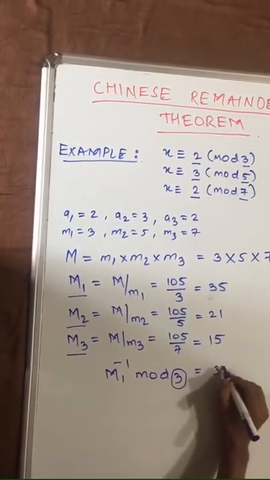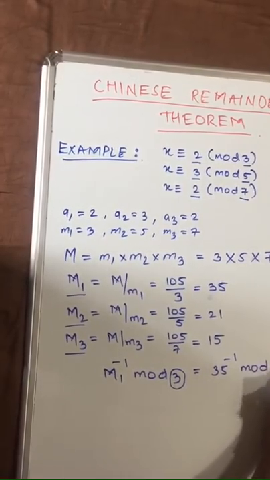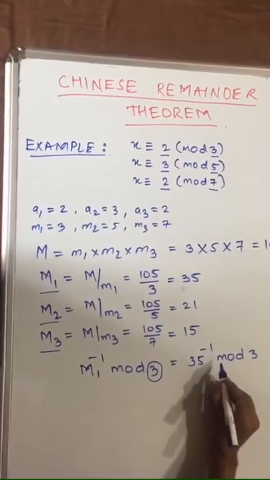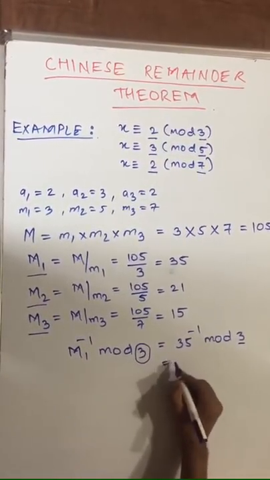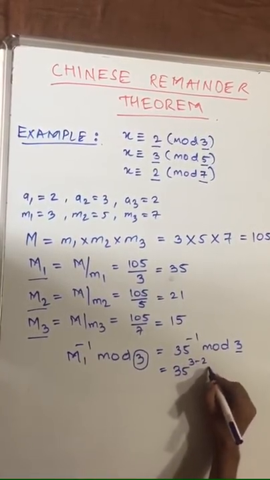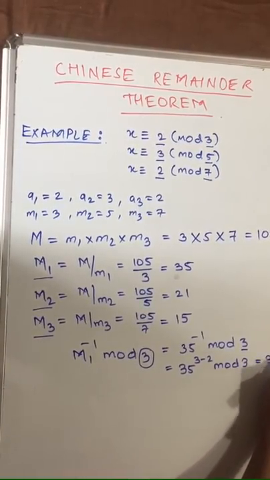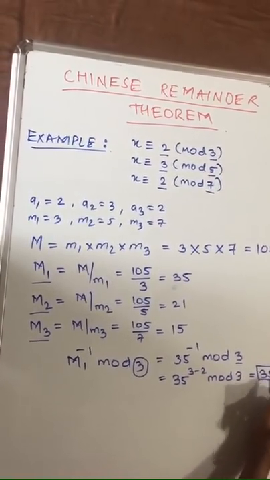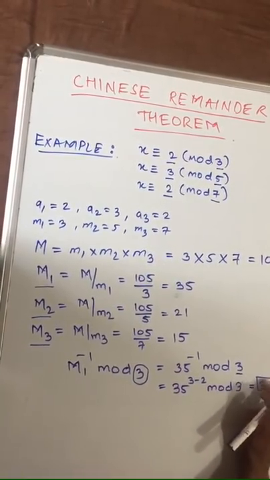So 35 inverse mod 3. In the Fermat theorem, as this is a prime number, it will be 35 to the power 3 minus 2 mod 3, which will be equal to 35. No, sorry, it will be equal to 2.